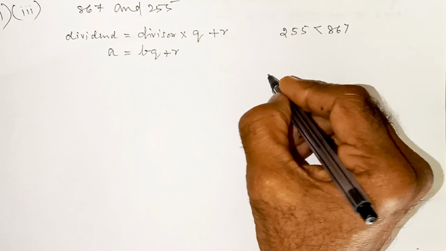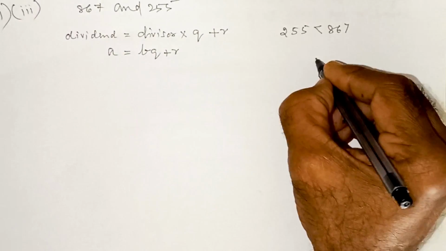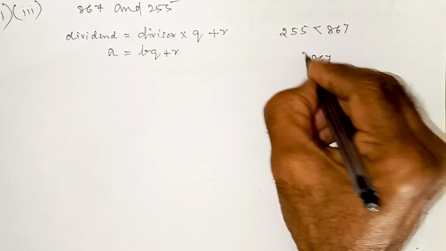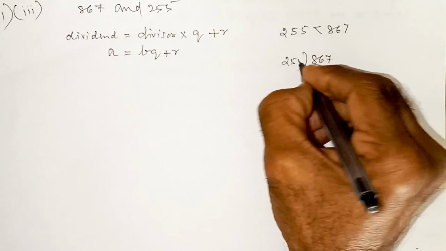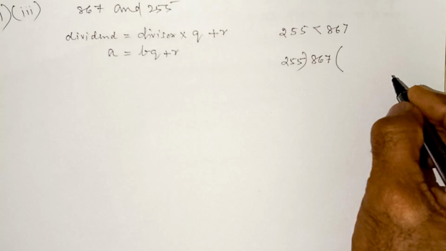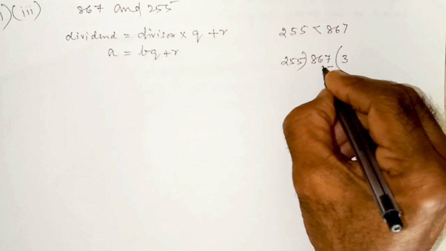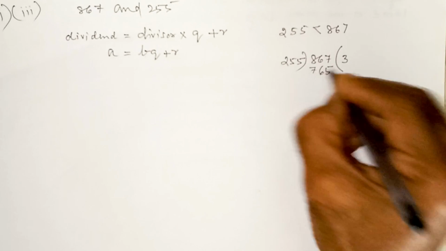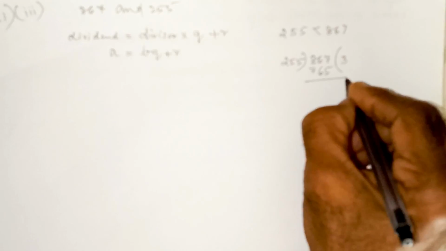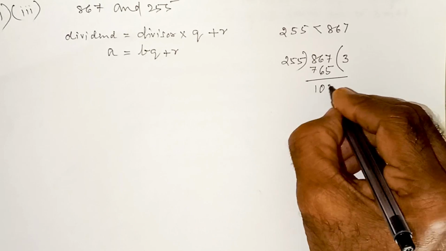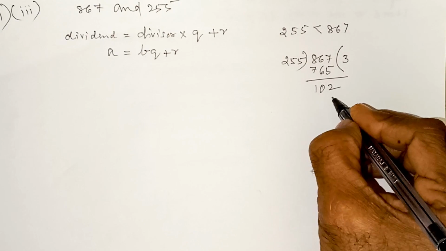Therefore, what we do, we divide 867 by 255. And this goes 3 times. You get 765. The remainder is 102.